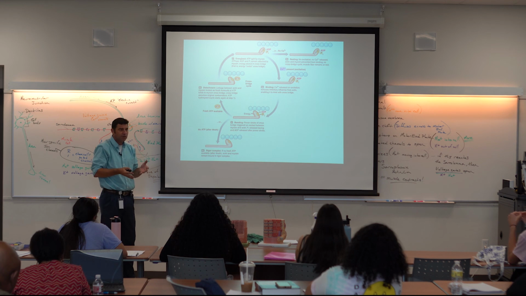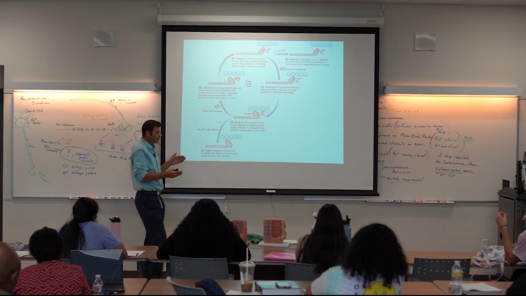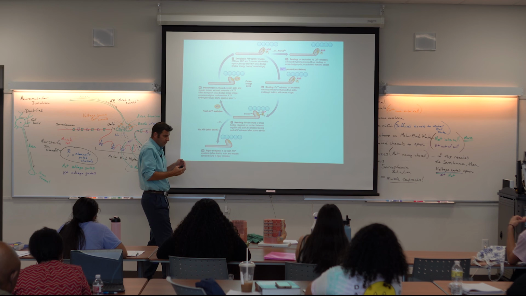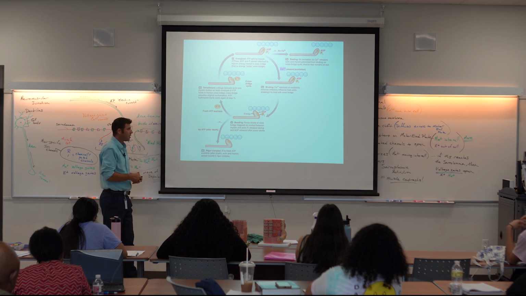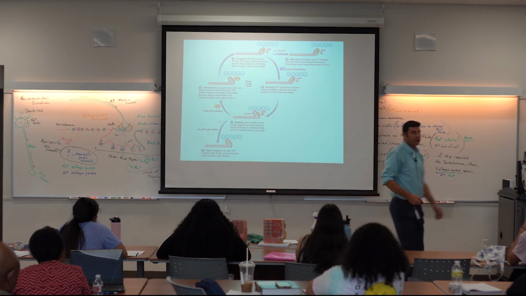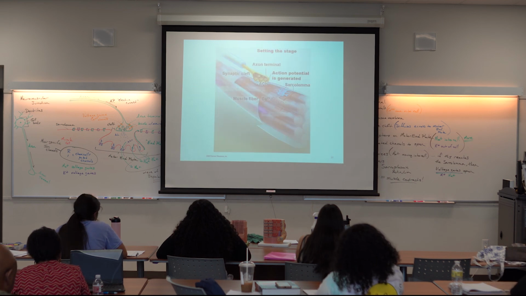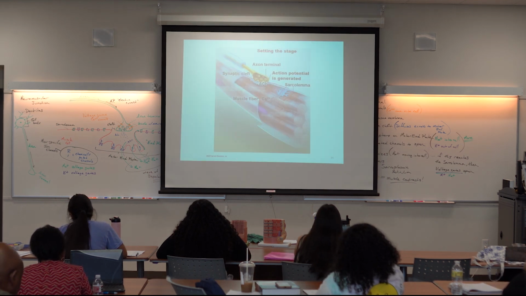If you feel those muscles that have stiffened up, that's due to the fact that there's no longer any available ATP to break these cross bridges between actin and myosin. And you have these muscles that are contracted, a slight constant contraction, at least for a few weeks until deterioration of those proteins occurs, and then the muscles finally relax. There are a couple of videos there we can see as an animation. And that is the last couple of slides.